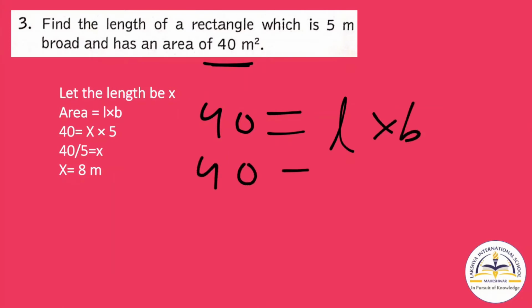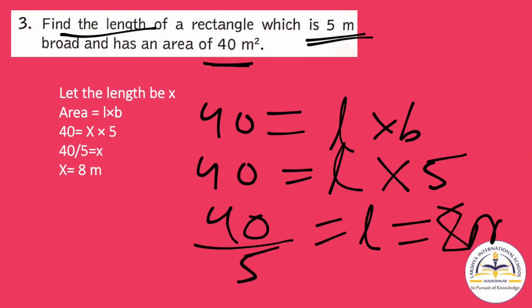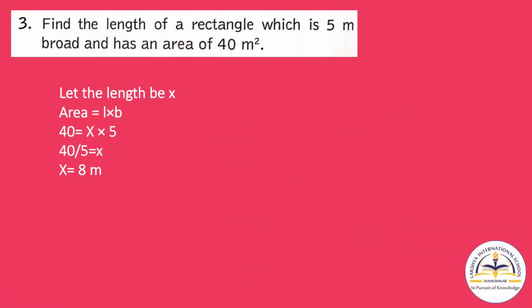Now we have to find out length. So in the place of length we will write L only, and in the place of breadth we will write 5. Now 40 by 5 equals to L. So the answer will be 8 in meter, because the quantity are in meter. That's why 8 meter is the answer.